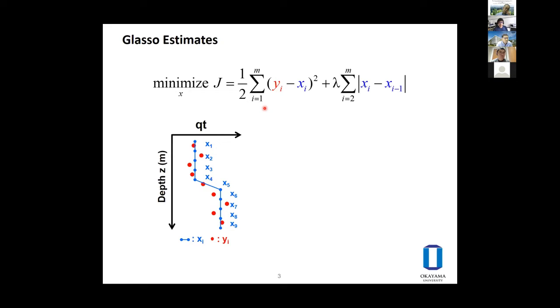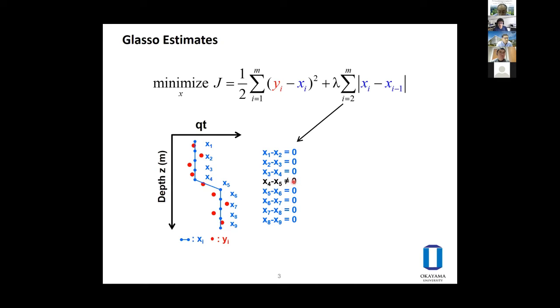But in addition to this reasonable trend, G-lasso also gives us another useful information. This term indicates a first order difference between two neighboring parameters, in this case, x1 and x2. If these two values are similar, this term becomes 0. And if these neighboring two values are different, this term becomes non-zero.